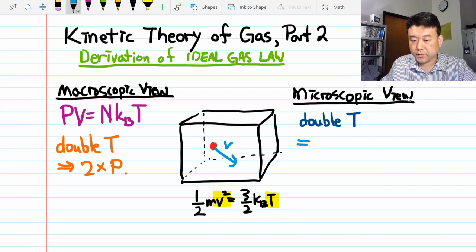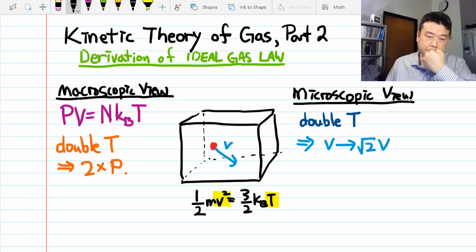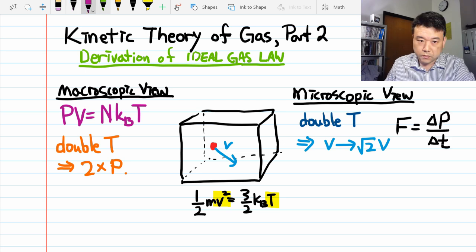Instead, your speed increases by a factor of square root of 2. But I somehow have to get to doubling of pressure. Well, let's go back to the definition of force. Force is the rate of change of momentum.